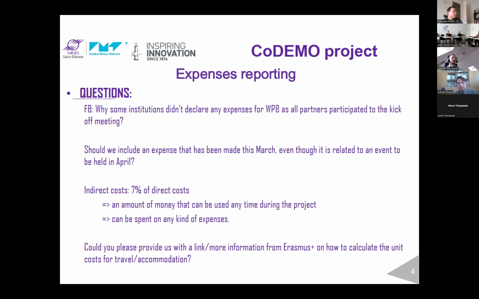I had some questions also about indirect costs. Indirect costs are a flat rate of 7% of the direct costs. This amount of money can be used anytime during the project, during the work package you are working on, or maybe later.